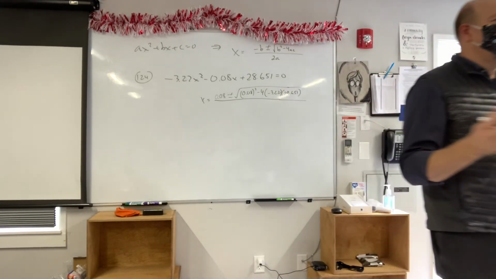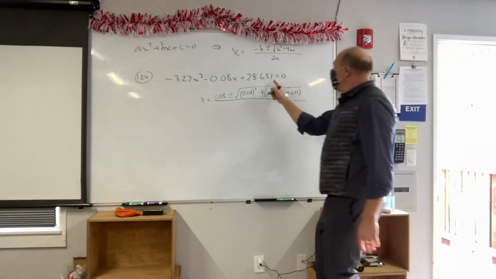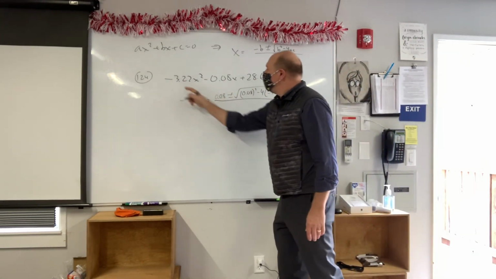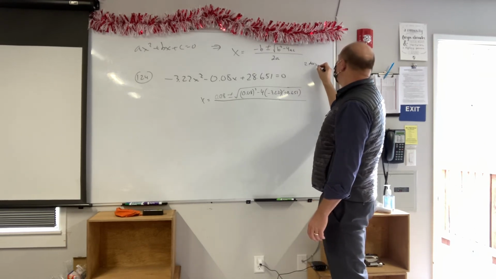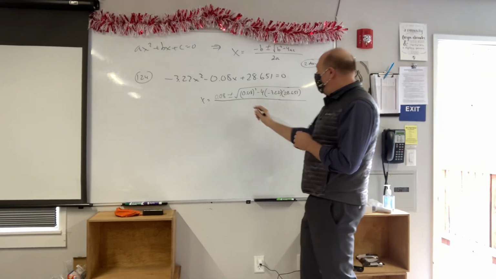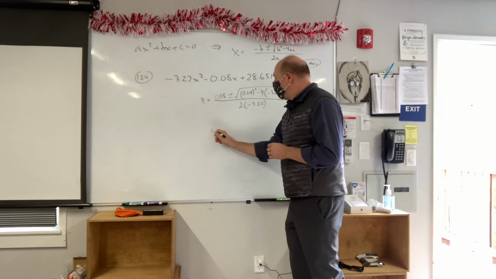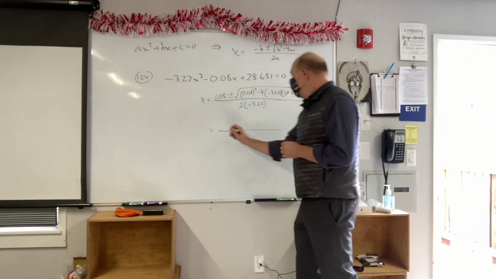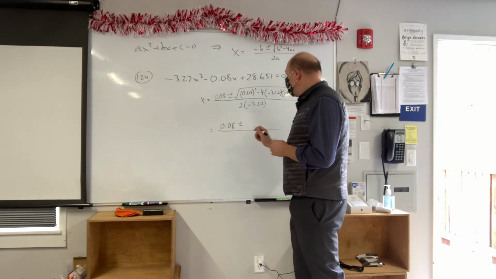We good? How much do you want us to round to? So we have, let's see, 3 decimal places here, 2 here, so I'm thinking 2 decimal places. On the bottom, I have 2 times negative 3.22, which is our A value. Remember there's 2 different answers here, so plus or minus.